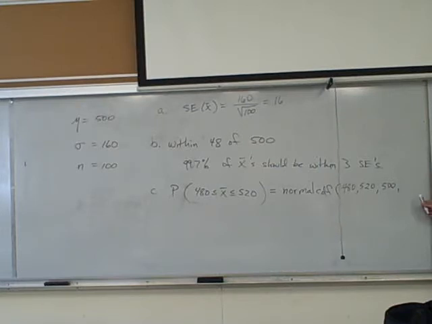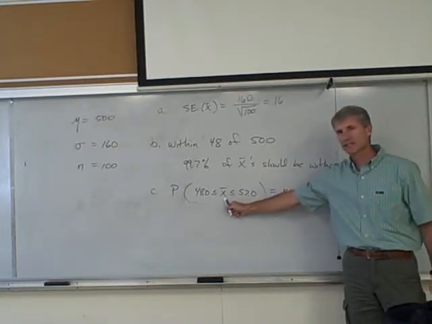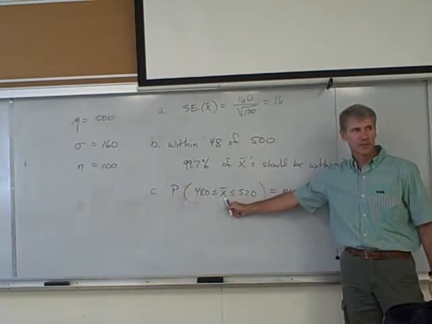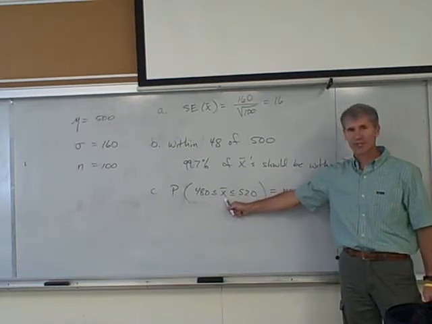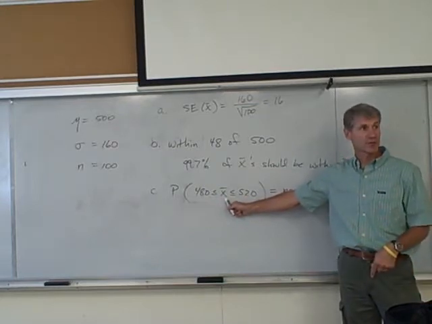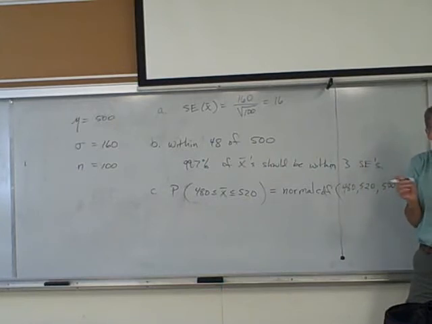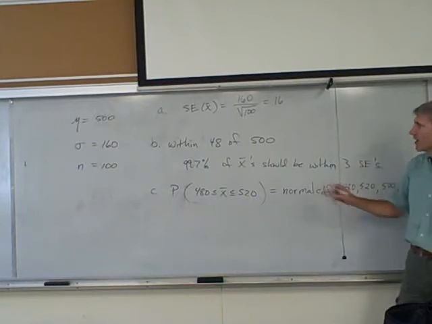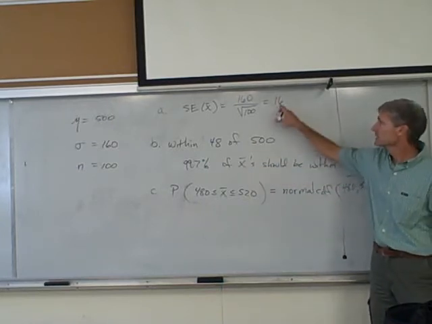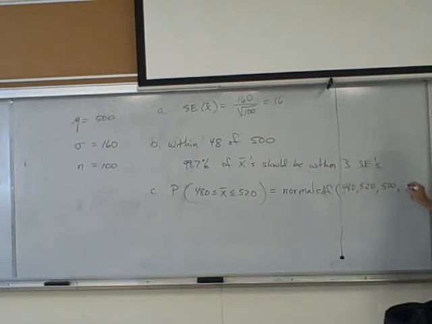Because the probability statement here isn't about x. It would be 160 if this was an x, because that is the standard deviation of individuals. But the standard deviation, which we now call a standard error, of x bars is 16. So that goes here. I'm going to put a big arrow there, standard error of x bar, not sigma. Okay? Be careful with that.